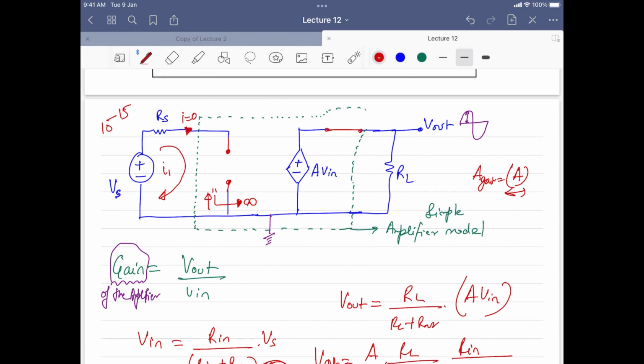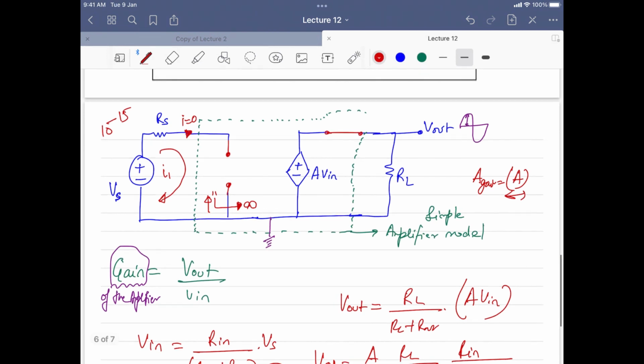So now I hope you understood that ideally it will be 0, but practically it will be of 10 to the power minus 15 or so, and this is actually as good as 0 only. Okay. And the reason why it is 10 to the power minus 15 is because nothing is ideal in this world, everything is practical. So because of that practicality, the value will be 10 to the power minus 15 and not 0.